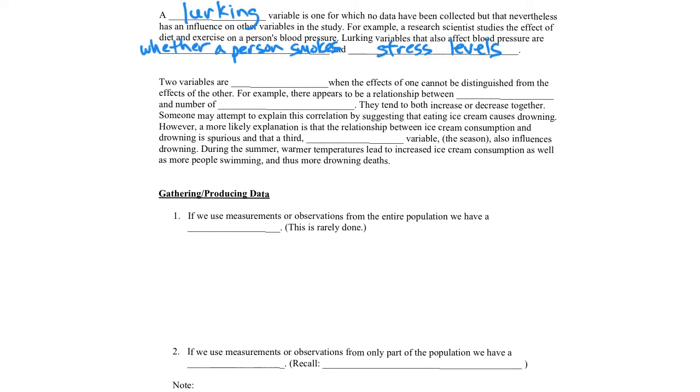Two variables are confounded when the effects of one cannot be distinguished from the effects of the other. So as an example, there appears to be a relationship between ice cream consumption and number of drowning deaths.